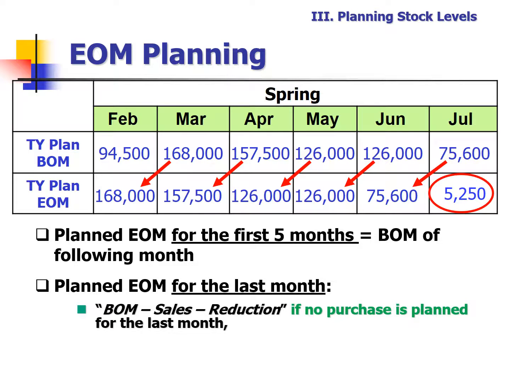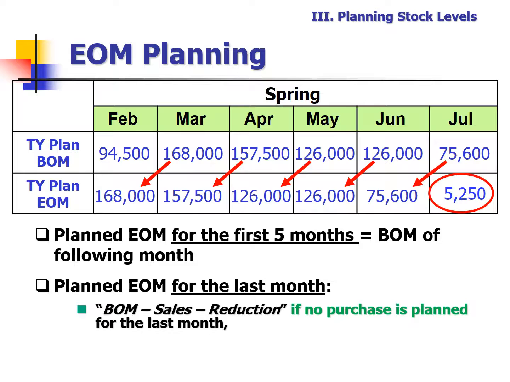There are a few rules that we can apply in planning the last month EOM. The first rule is in case we don't want to make any purchases in the last month of the season. A lot of times we may be less willing to make purchases because we only have less than a month left for the season, right? If that's the case and 0 purchase is planned for the last month, then the EOM for that last month has to be the BOM minus sales minus reductions.